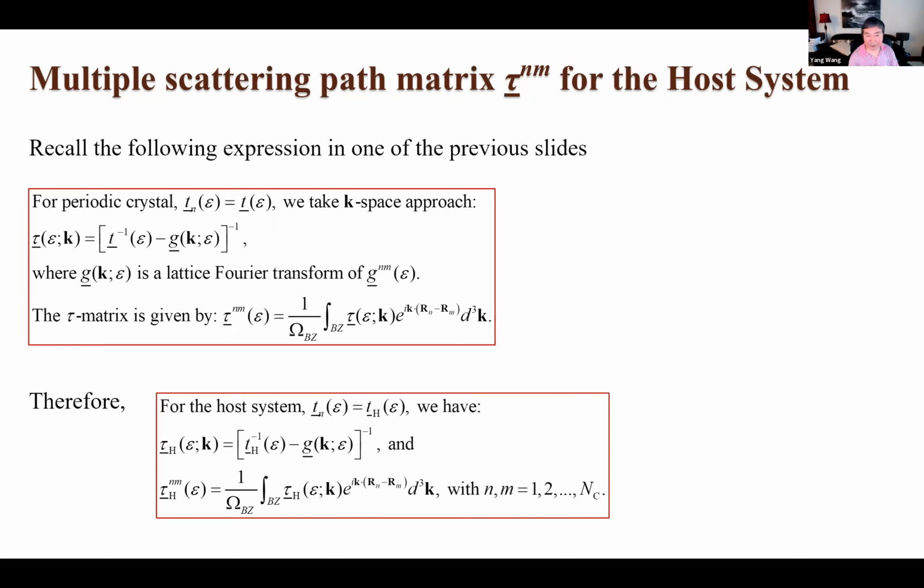That's how we can calculate the tau matrix, and then we can calculate the Green's function. So that's what I want to say about this. It explains how impurity and even cluster embedding is calculated in the framework of multiple scattering.